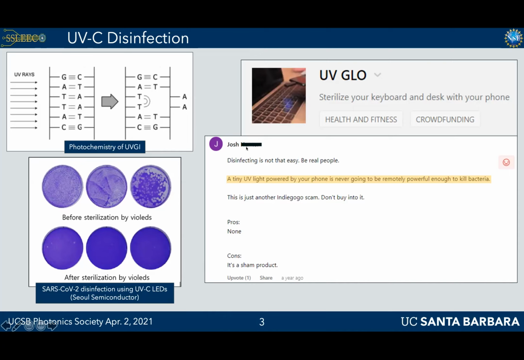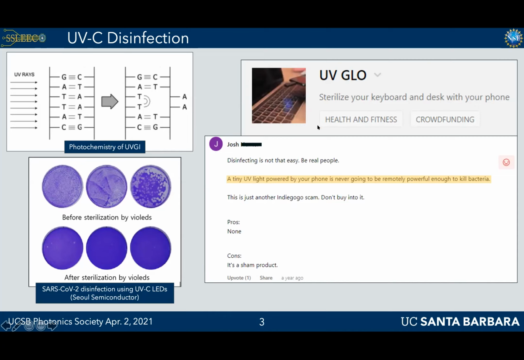So Josh, from whatever this website is that I pulled this from, is definitely right that as of right now, a tiny UV light powered by your phone is not currently powerful enough to kill bacteria. So this is probably a scam. Don't buy this, because right now UV LEDs are extremely inefficient, and there's no way this is putting out more than a milliwatt of power, probably.